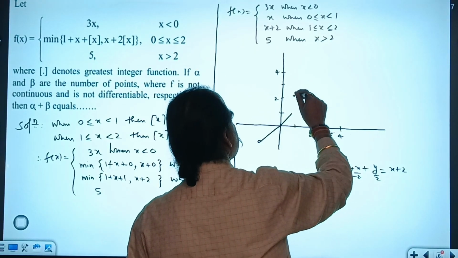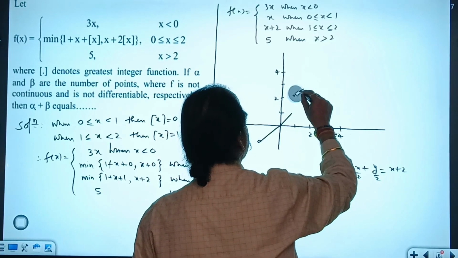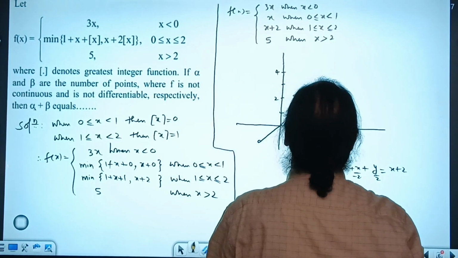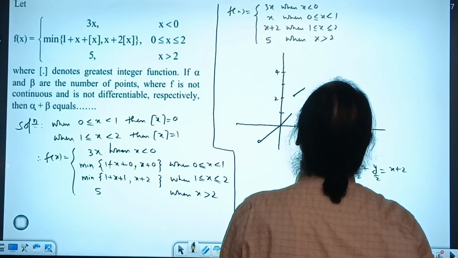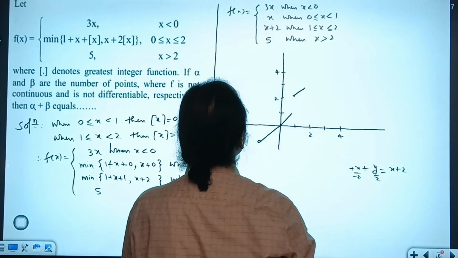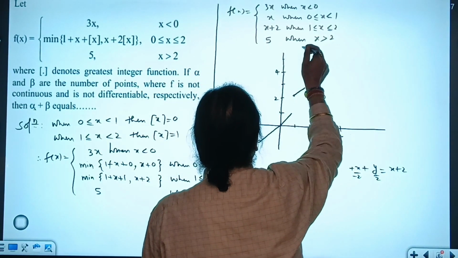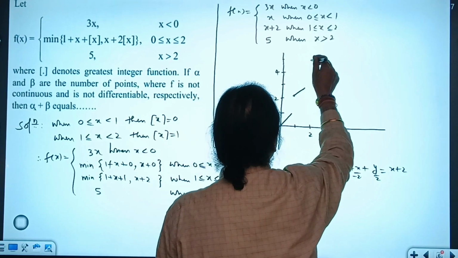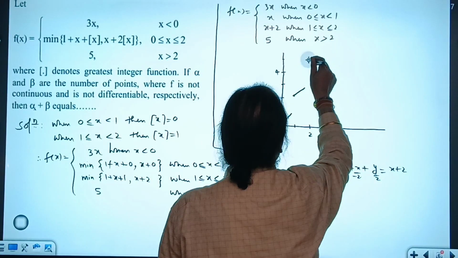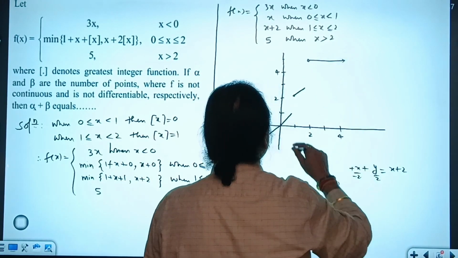It will move like this, between 1 and 2. And if it is more than 2, then 5. Y is what? 5 when more than 2. It will be like this. This is 5.